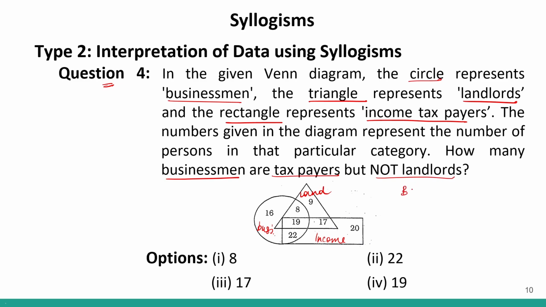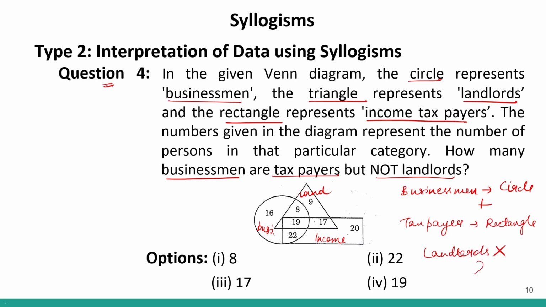So businessmen we have to look at, correct? Businessmen, that means we have to look at the circle. Plus they should be taxpayer. So if they are taxpayer, we have to look at the rectangle, correct? But they should not be landlords. So if they shouldn't be landlords, that means they should not have a triangle. So we have to look at an area that is overlapping of circle and rectangle but not a triangle.